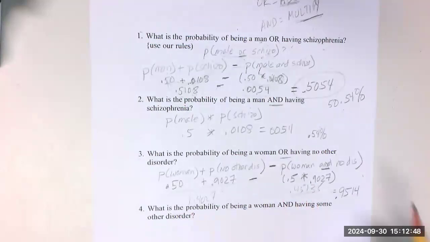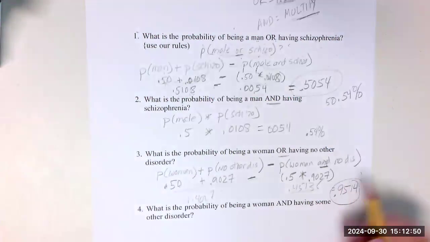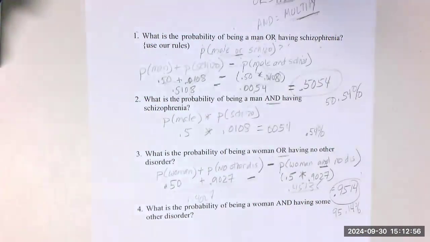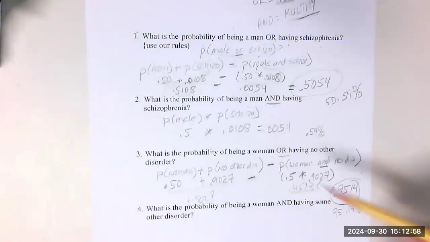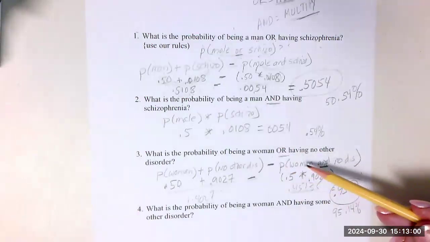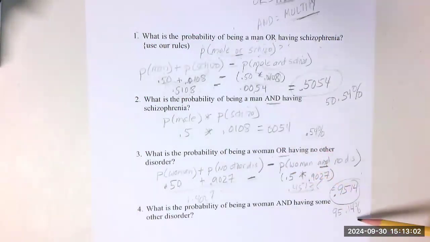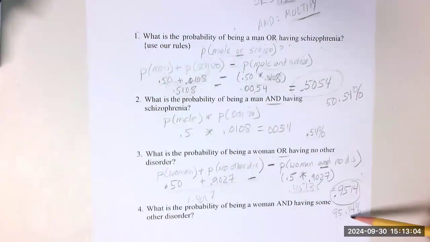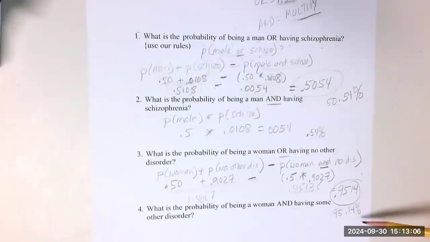And at the end of the day, I ended up with this, which is in percentage 95.14%. So the probability in this data set of either being a woman or having no psychiatric disorder is 95.14%.